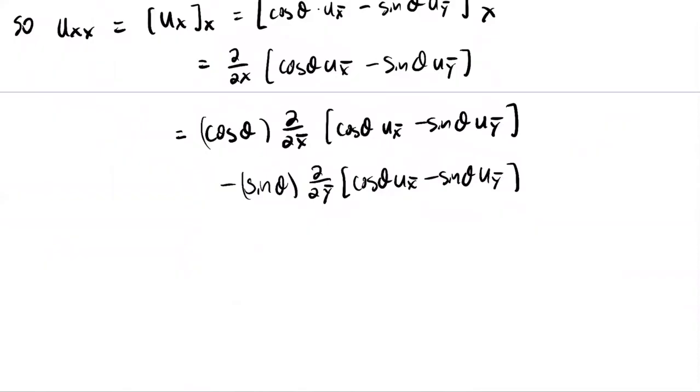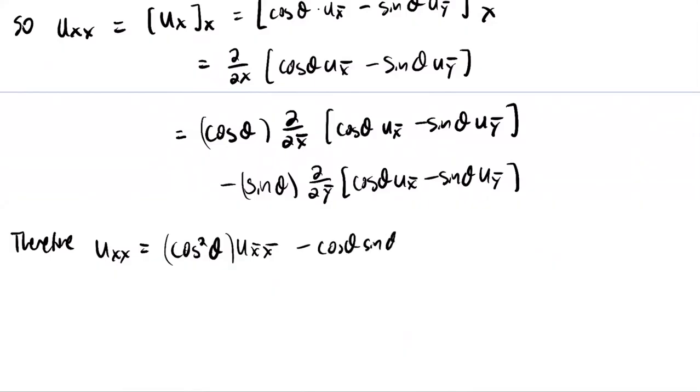And so now I'm just going to distribute and evaluate everything. We end up with u_xx equal to, well, I have cosine theta squared. Now I'm going to use linearity of the differential operators. So I get cosine theta squared u_x bar x bar, minus cosine theta sine theta u_x bar y bar. Remember, the order in which I take partial derivatives doesn't matter.